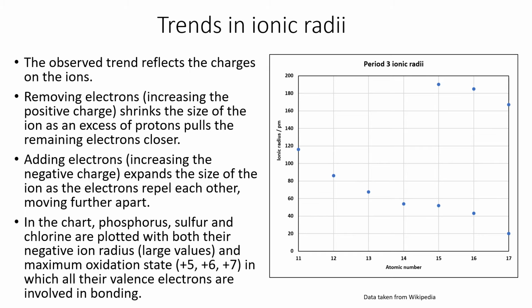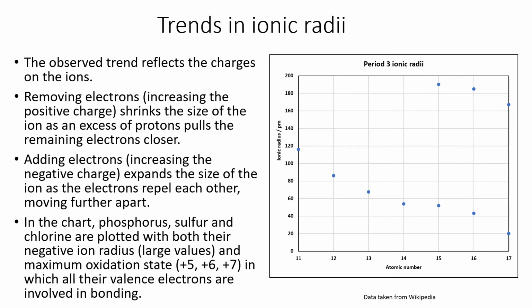Certainly we see this quite nice trend across the period. Looking at the lower dots on the graph, they go down the whole way for this isoelectronic series where all the atoms are essentially emptying their outer shell, just leaving that neon configuration, as I said, with an increasing number of protons each time. And then up there at the top right with our P3 minus, S2 minus and Cl minus, they're all isoelectronic as well.